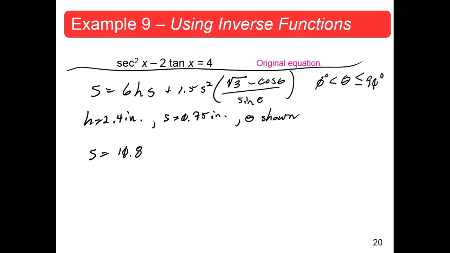Yeah, I think that's right. Plus 1.5 times 0.75 squared. That seems reasonable to be 0.84375. That's a pretty small decimal, I mean, a reasonable decimal, but lots of places there. This part stays the same: the square root of 3 minus cosine theta over sine theta.